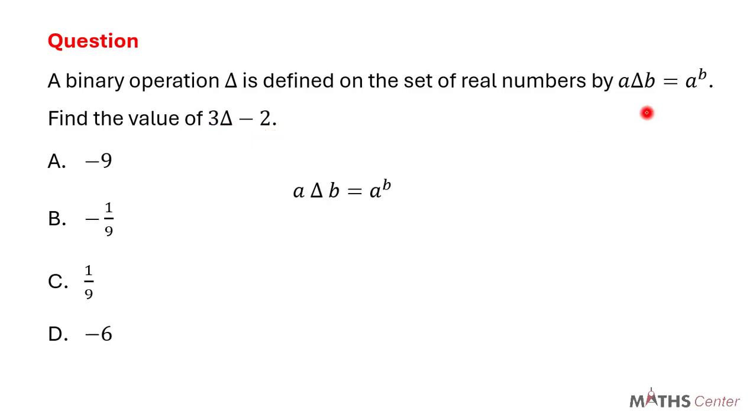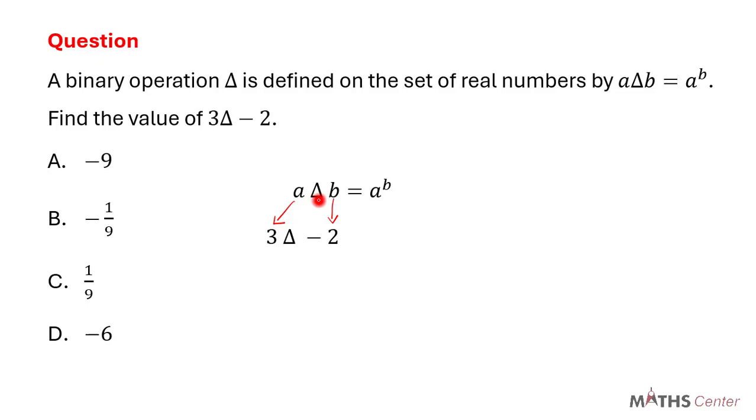So the definition of the operator delta is A delta B is equal to A exponent B. We want to find 3 delta -2. So here we will have to compare A delta B to 3 delta -2 to get the values of A and B. By comparison, we can clearly see that A is 3 and B is -2.